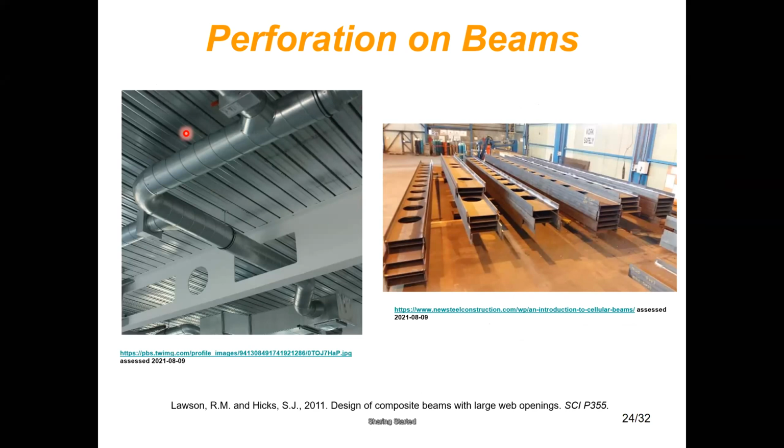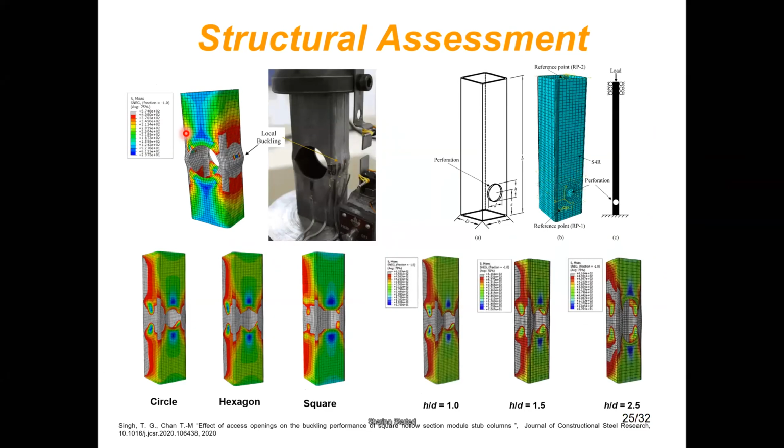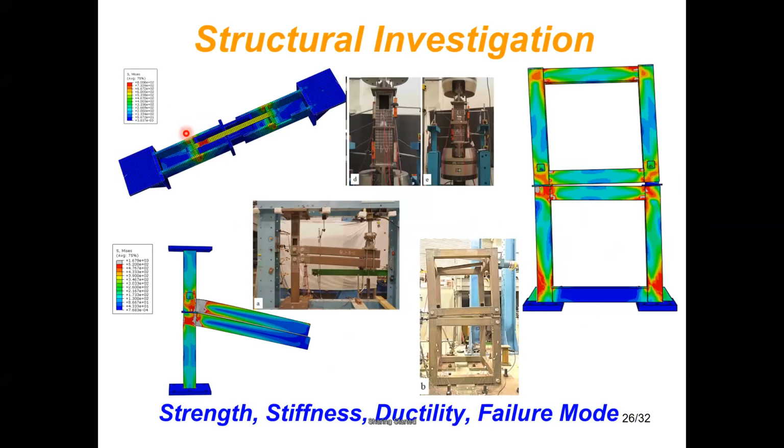Similarly, if you have a hole, no worry, we can investigate how the load spreads. All of this is important from the structural perspective, because with a joint, we cannot get away from testing and numerical simulation. No matter what, we have to carry on observing the strength, ductility, stiffness, and failure mode, whatever we see and touch.